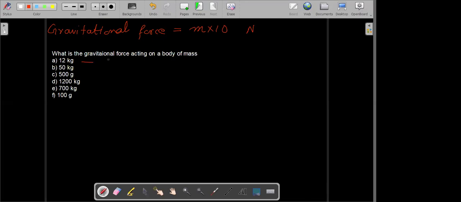Okay, Saiti, what's the gravitational force acting on A? Sir, 1 second. Sir, it will be 12 into 9.8.